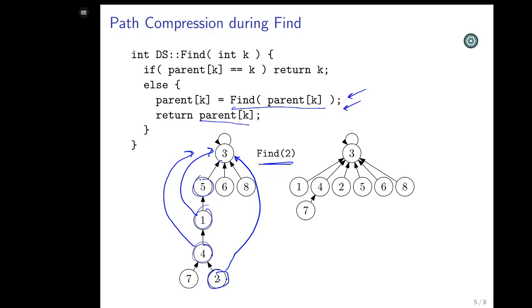So your union operation would no longer be log n time. Your union operation would be linear. It would take you n time to perform union, because if I union two sets of size n over 2, n over 2. So if you're willing to pay a linear time cost for union, you can have height 1 trees. But I'm not willing to do that.